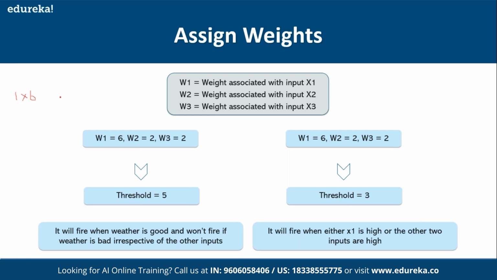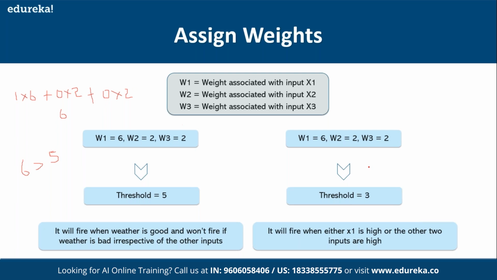Then assume spouse is not accompanying you, which means 0 into 2. And we will also assume there is no public transport, which is 0 into 2. Therefore, if you add this up, 6 plus 0, we get the first input as 6, while the threshold value is 5. 6 is greater than 5, which means we will go to the beer party.